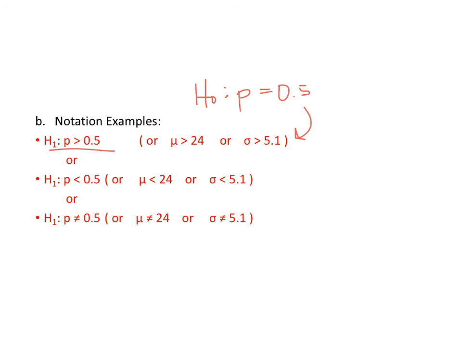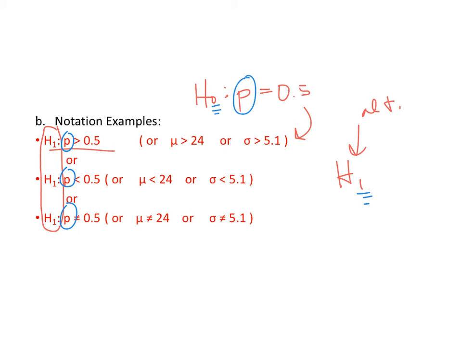Notice that all of these alternative hypotheses have H1. The 0 is for a null hypothesis, and the 1 is for an alternative. You always have to have either a P for both the null and the alternative, or the mu mean symbol for each of them, and we're once again skipping standard deviations.